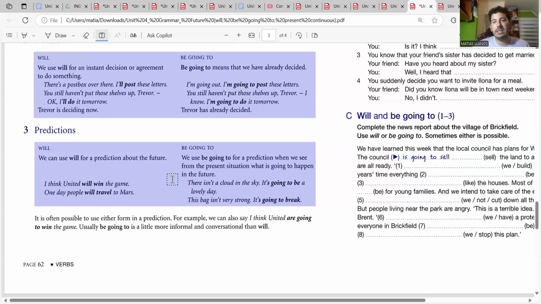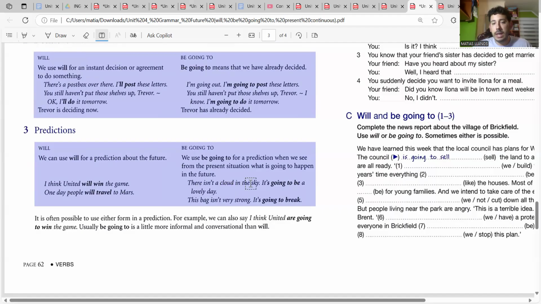Because again, the decision is already made in your mind. And it's made because you have some context normally. So for example, for be going to, you'll know because, I don't know, Colo-Colo is losing 2-0. Colo-Colo is going to lose. Why? Because it's losing already.